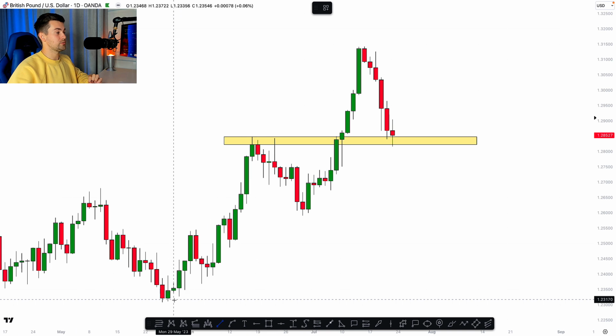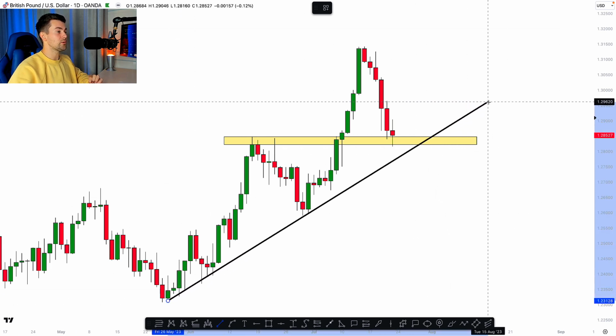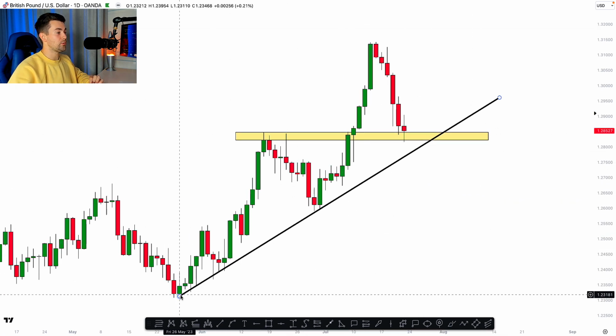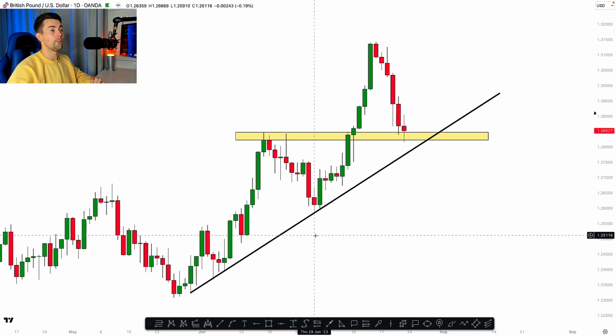Then if we analyze the trend lines, if we take that structure level right here and draw a trend line, we can spot right here the major rising trend line that the price perfectly respected in the past and from where we saw strong bullish movements.